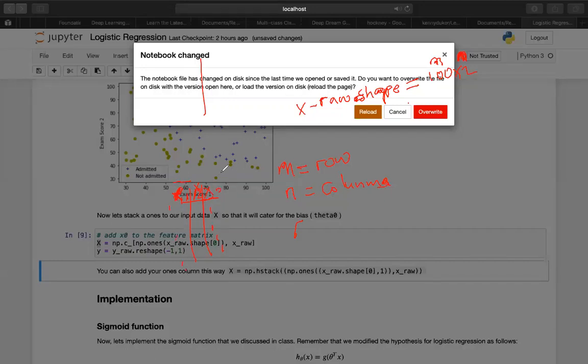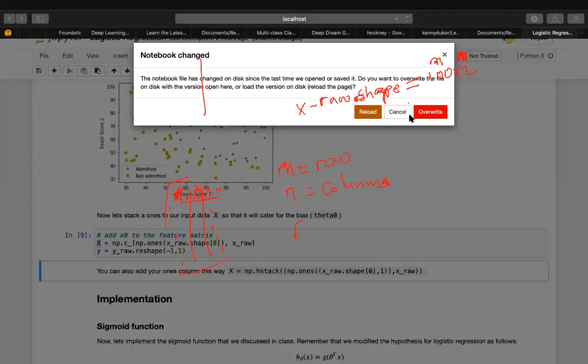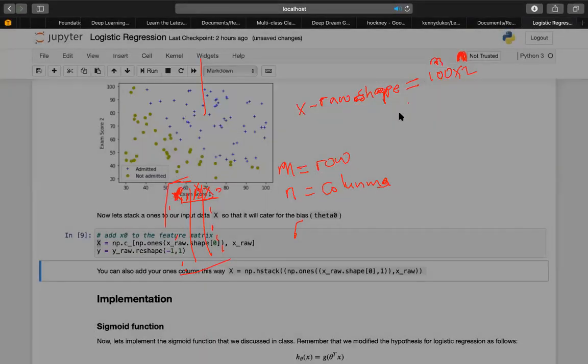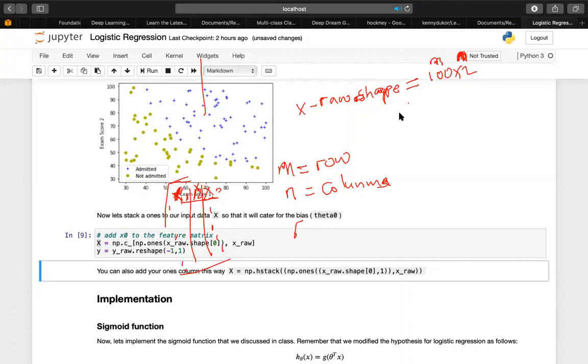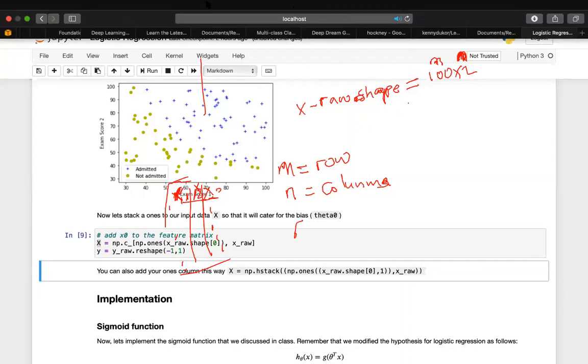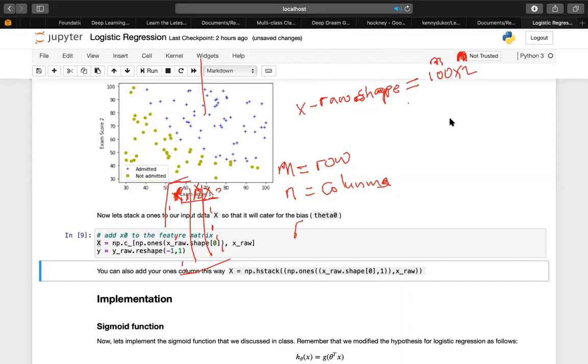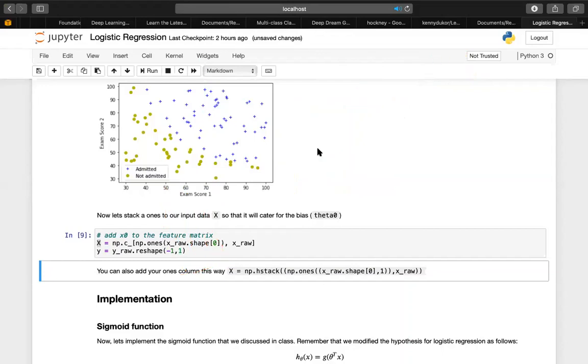What would be the new shape of our x? That's what I'm asking. I've already said the answer, but maybe I didn't say it word for word, so I want you guys to tell me what it is. Okay, that's it, 100 by 3. So we'll be having 100 by 3.